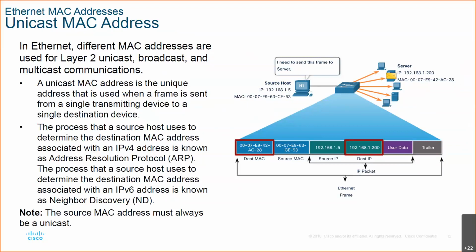The destination MAC and the source MAC will be part of the frame, and it will be sent. The process that the source host uses to determine the destination MAC address associated with an IP version 4 address is known as ARP, also known as Address Resolution Protocol.